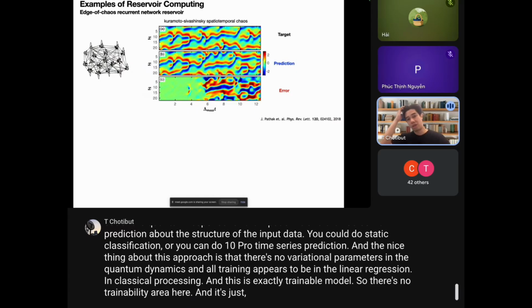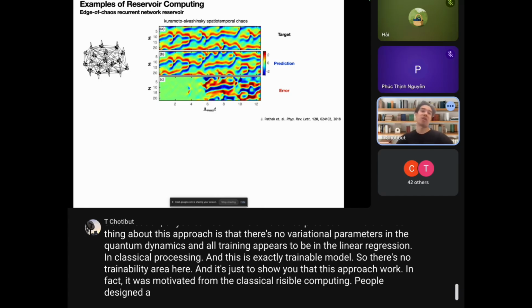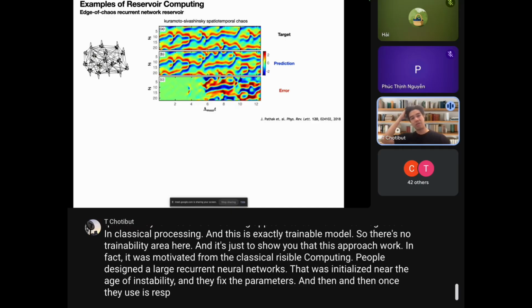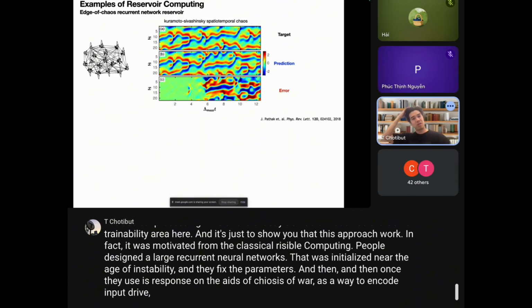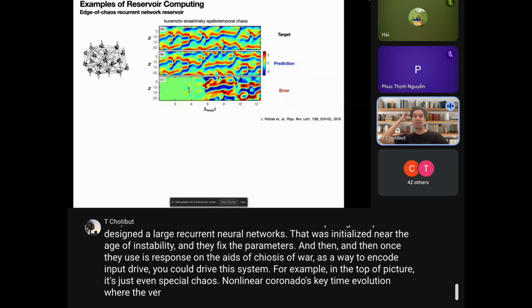And just to show you that this approach worked, in fact, it was motivated from classical reservoir computing. People designed large recurrent neural networks that were initialized near the edge of instability, and they fixed the parameters in the RNN. And then once they used the response of this near-edge-of-chaos reservoir as a way to encode the input drive, you could drive the system, for example, in the top picture, which is this spatiotemporal chaos, a nonlinear time evolution, where the vertical axis is the lattice.